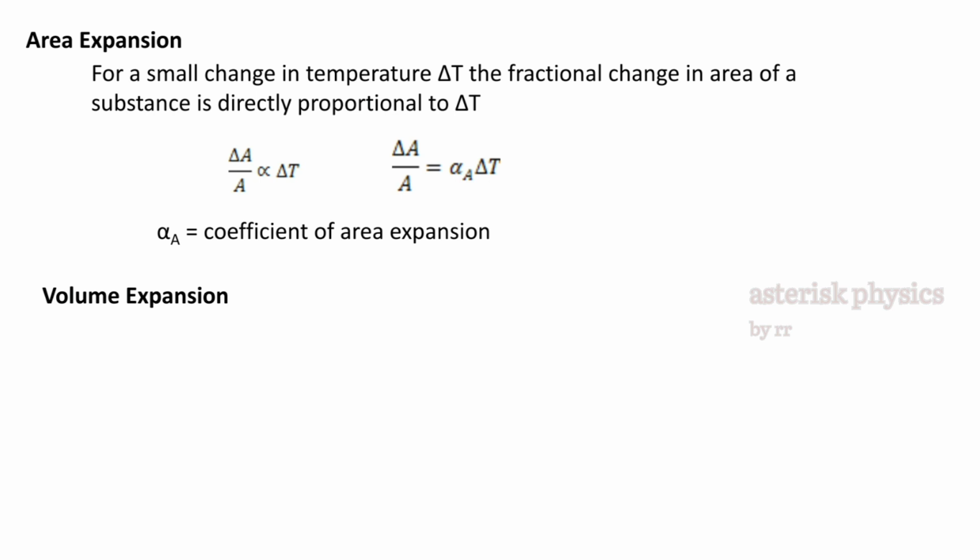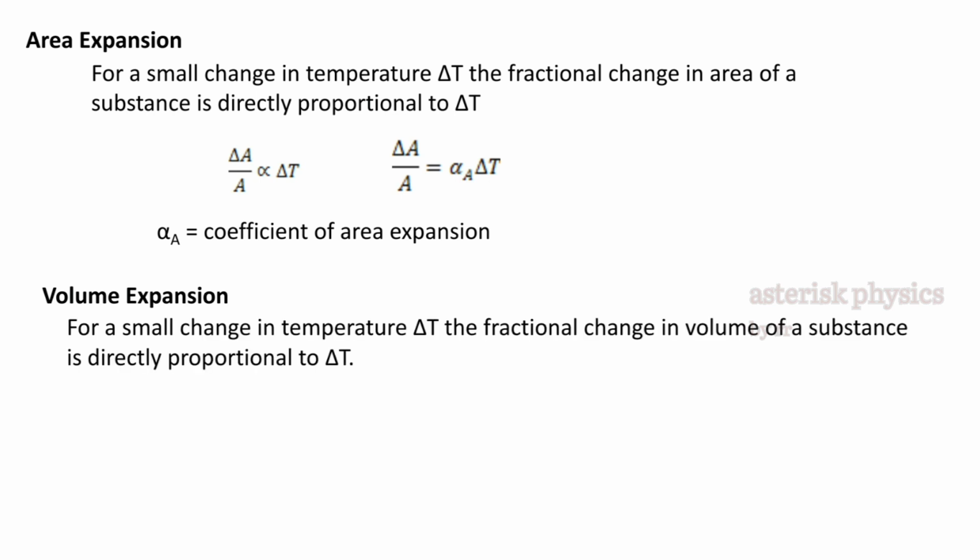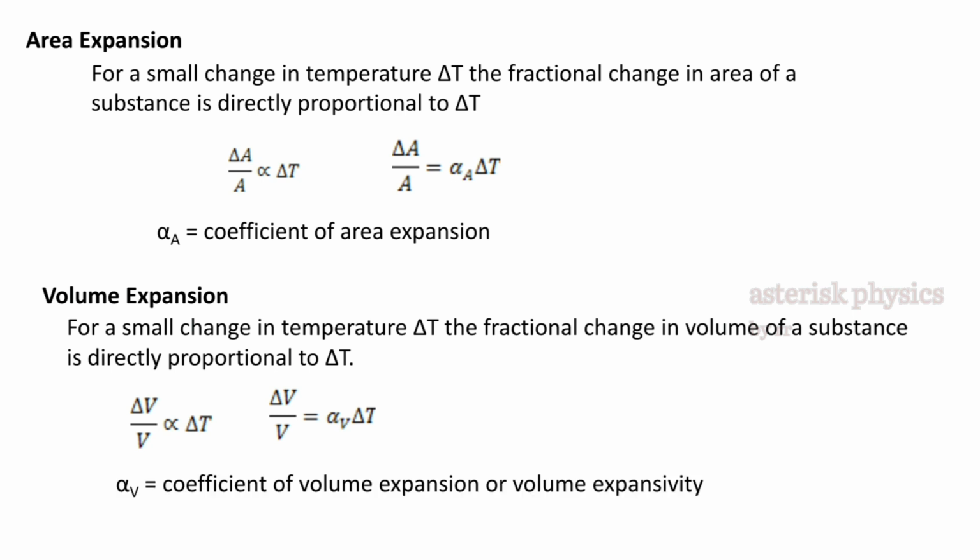Now, volume expansion. For a small change in temperature delta T, the fractional change in volume of a substance is directly proportional to delta T. That is, delta V by V is directly proportional to delta T, or delta V by V is equal to alpha V into delta T, where alpha V is called the coefficient of volume expansion or volume expansivity.